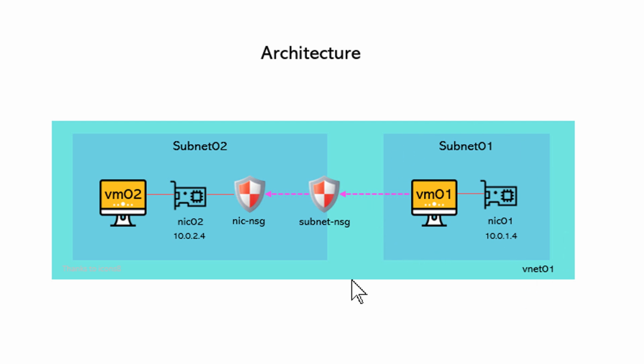But subnet 01, or rather the virtual machine VM01, does not have any network security group attached to it. In subnet 02, I have VM02 connected to NIC 02, but subnet 02 is associated with an NSG called subnet NSG, and the NIC of VM02 is also attached to another NSG called NIC NSG.